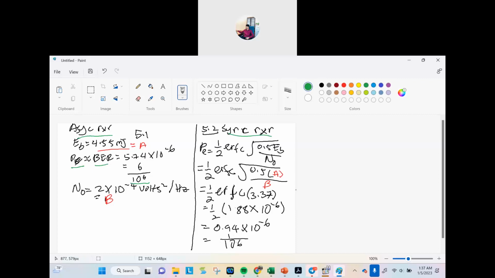So we can say that the synchronous receiver has a better bit error rate, because it only contains 1 error bit over 10 to the power of 6 bits, compared to the asynchronous receiver.